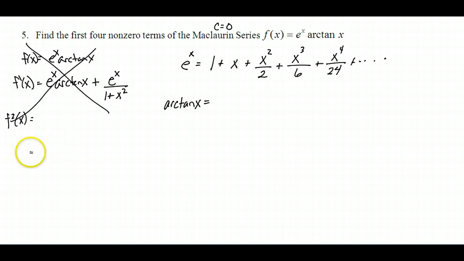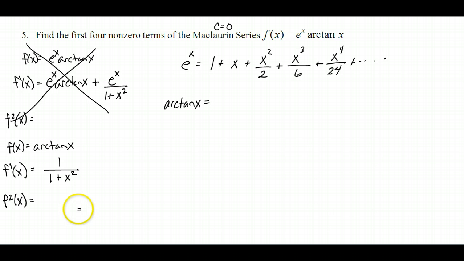Always look for patterns. The only way really to create a polynomial for this is to start doing the long way. Our function is arctangent x. Great. The first derivative, remember, is u prime divided by 1 plus u squared. The second derivative for this one, if we use our quotient rule, do we want to do that?